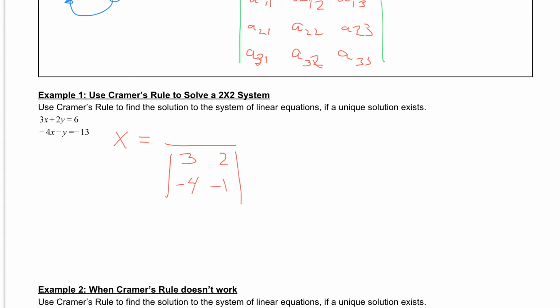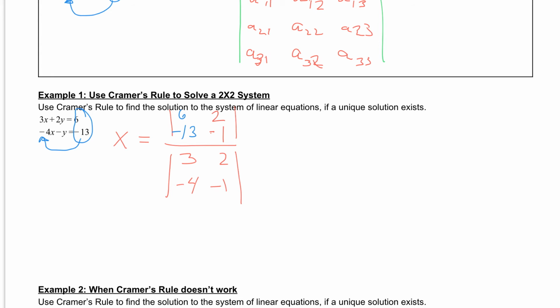And then remember when we do the top, if I'm solving for x, that means my constants over here need to replace the x's. So up on the top here, instead of having the 3 and the -4, I'm going to put in the 6 and the -13. And then the y's stay the same as 2 and -1.